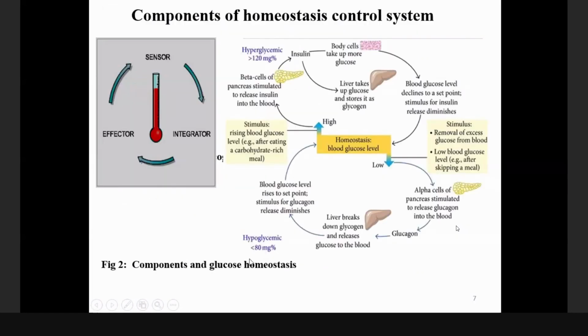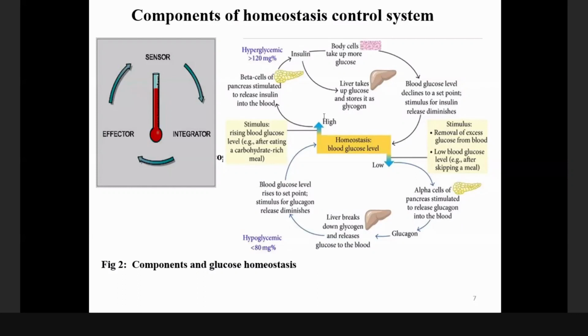Okay. So assume your blood glucose level is increased. The stimulus is raising your blood glucose level, for instance if you eat a carbohydrate-rich meal, like bread.